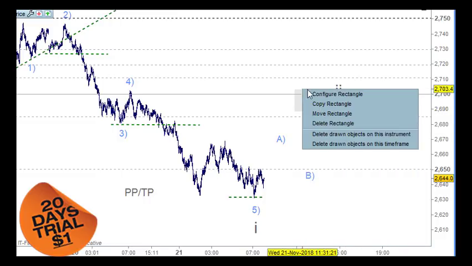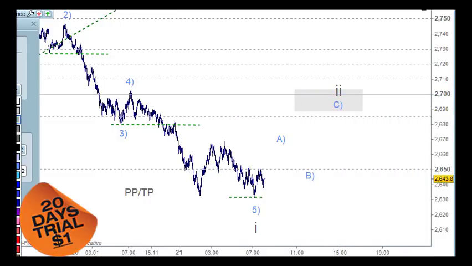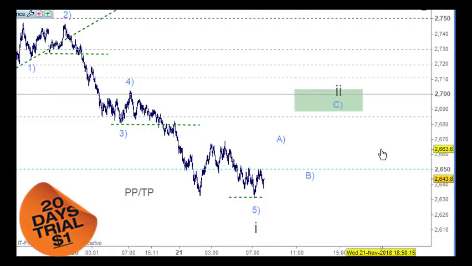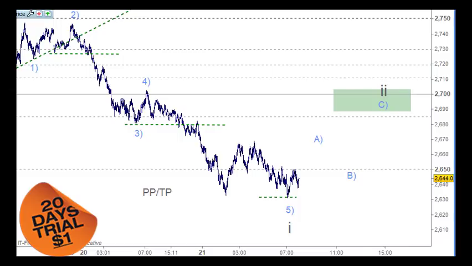If I can just put this into a green color to mean that we'll look to short it in that space. That's where the supply is, where the market's going to reflect from this consolidation over here. It has a memory, so to speak, a little bit like muscle memory. It's something that you can't see, but it's there.